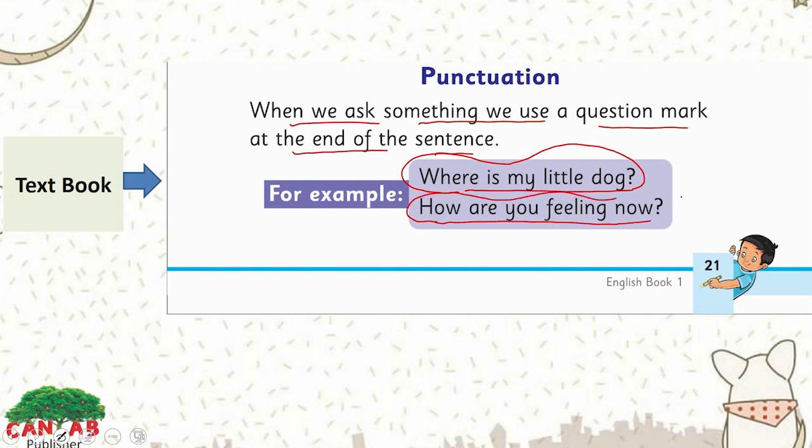It's again in the question form, and you can see the question mark at the end. Whenever we ask a question from someone, we add a question mark at the end.